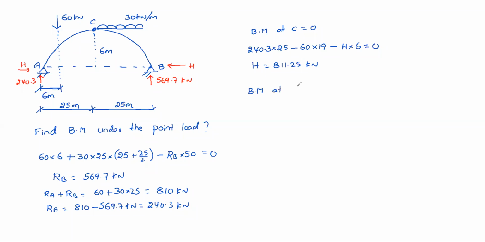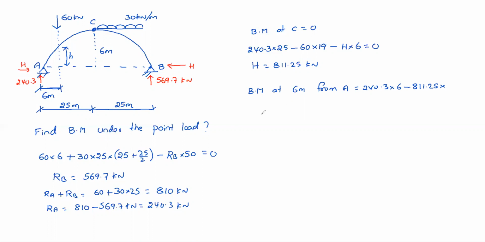Okay, now we need to find the bending moment at 6 meters from A. That equals 240.3 into 6 minus H, 811.25, into the height at this location. Let us assume it is some small height p.